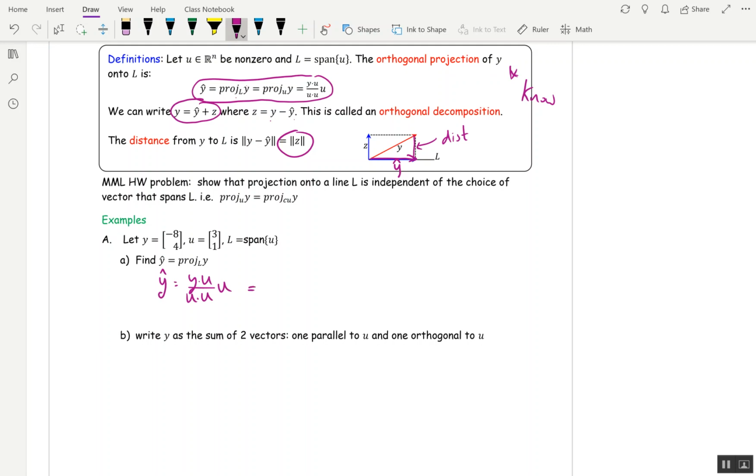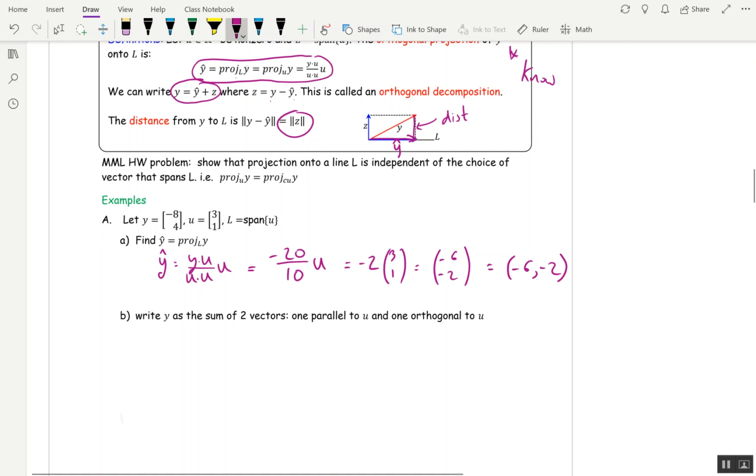So y dot u is negative 24 plus 4, which is negative 20. U dot u is 10, and that's u, so that's negative 2, and I'll put in u, which is 3, 1. That's negative 6, negative 2. And in this chapter a lot, we're going to write our vectors in linear format. So you write -6 comma -2. So either one is fine.